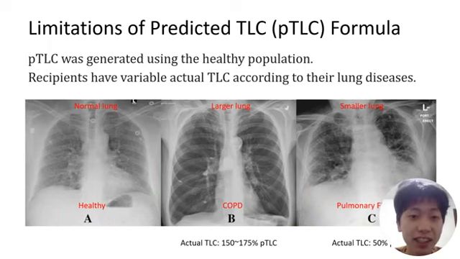However, one huge problem with PTLC is that it was created using the healthy population, but the lung sizes of transplant recipients are very different from healthy lungs due to lung diseases. For example, the three people in these images have the same gender and a similar age, height, and weight.